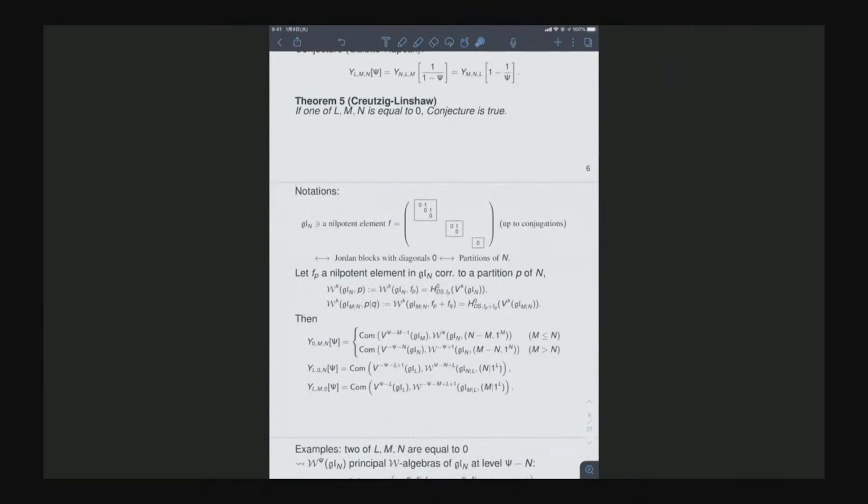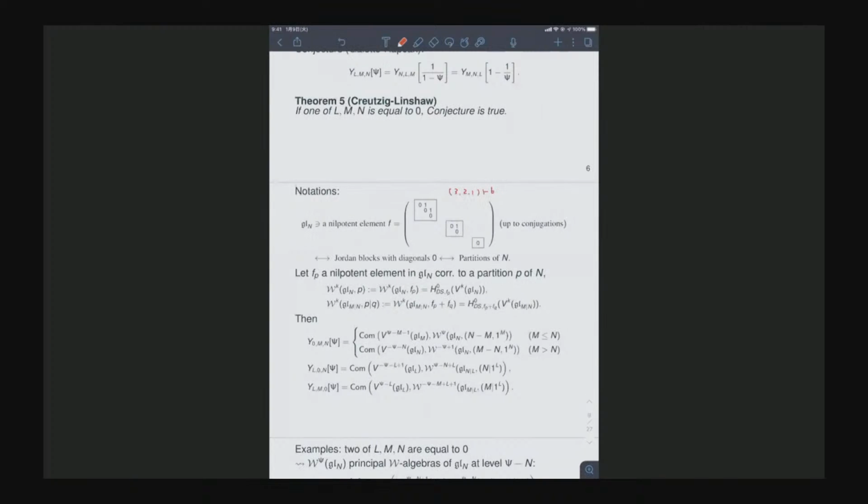So now take F to be a nilpotent element in GL_N. It has some Jordan form. For example, this is a 6x6 matrix with blocks 3x3, 2x2, and 1x1, which corresponds to some partition, in this case 3, 2, 1.